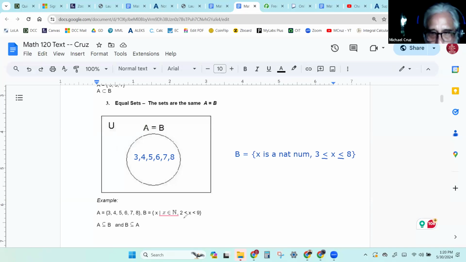Because when you have a 3-part inequality, whether it's like this or like this, that means that X is between 3 and 8, and the equal means it's inclusive. Down here, it means X is between 2 and 9 inclusive, but it does not include the endpoints. So by definition, or by default, that means it goes in one more on either side.